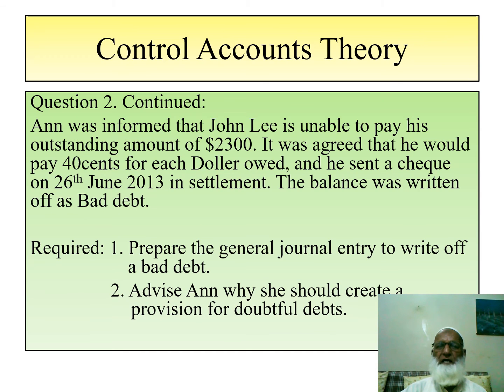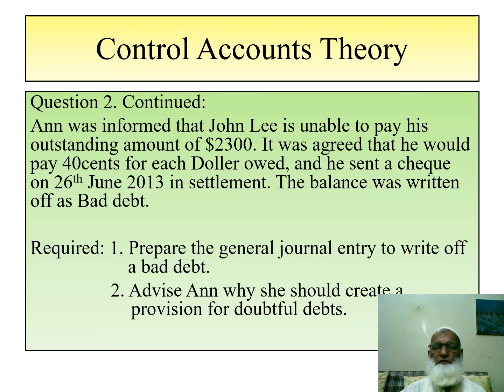The question is still continued. Anne was informed that John Lee is unable to pay his outstanding amount of 2,300. It was agreed that he would pay 40 cents for each dollar owed, and he sent a check on 26 June in settlement.